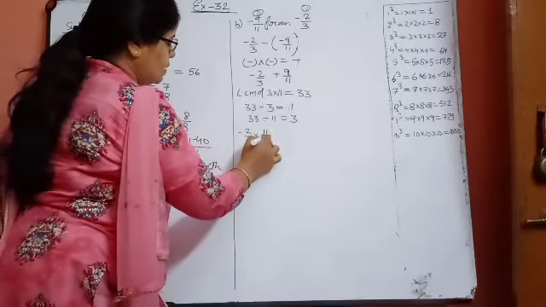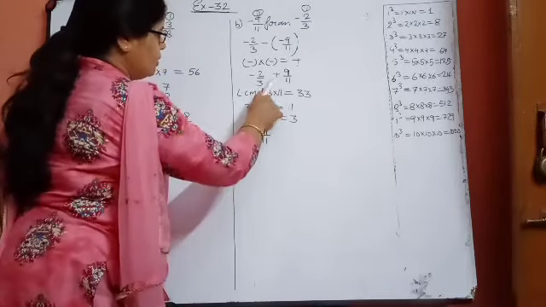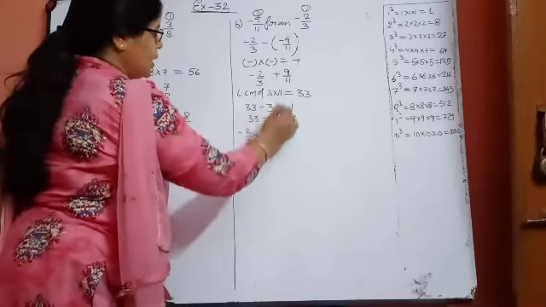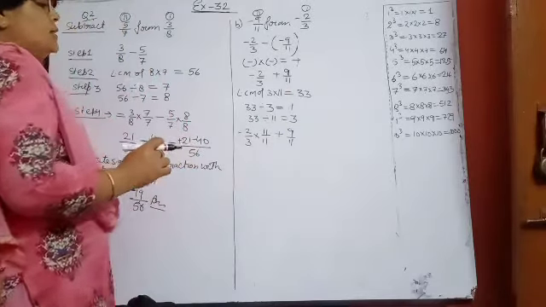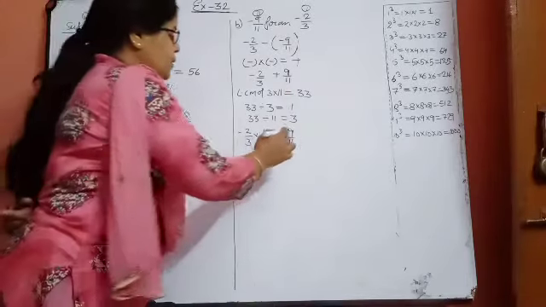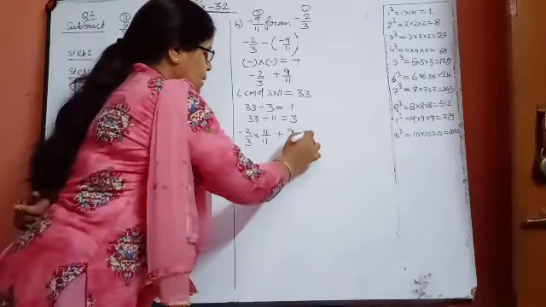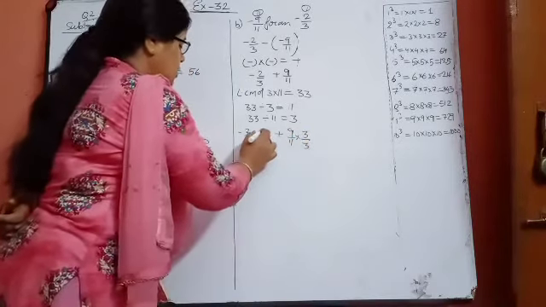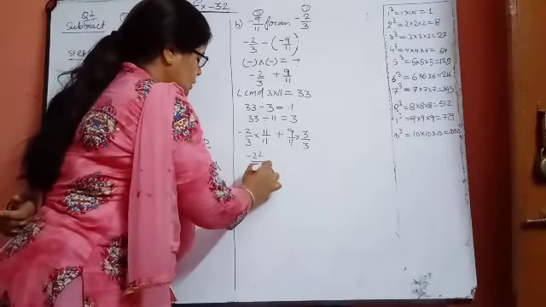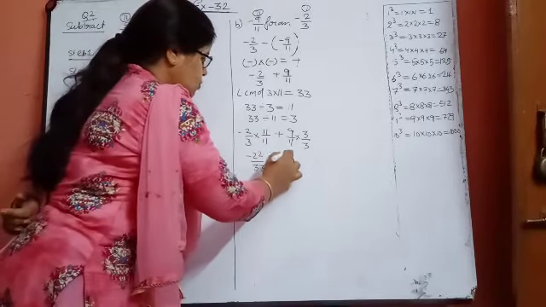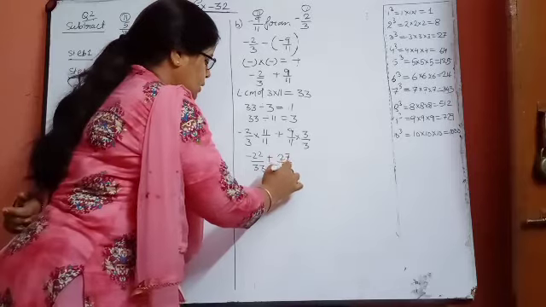It will be multiplied by 11 upon 11. Then the plus sign will come. 9 upon 11, what are we doing? Making the denominator equal to the LCM, multiplied by 3 upon 3. You can see 11 2s are 22, minus 22 upon 33, plus 9 3s are 27 upon 33.